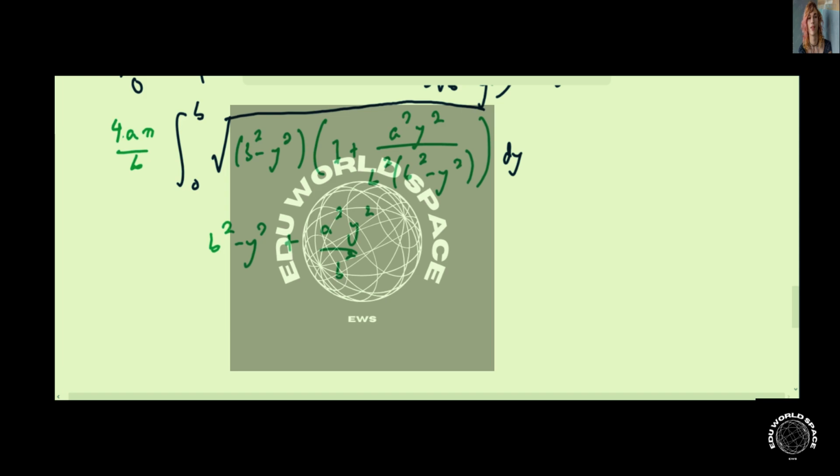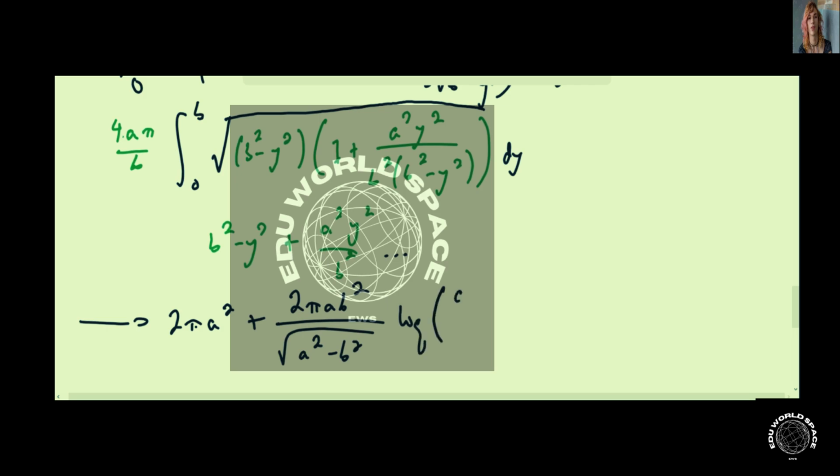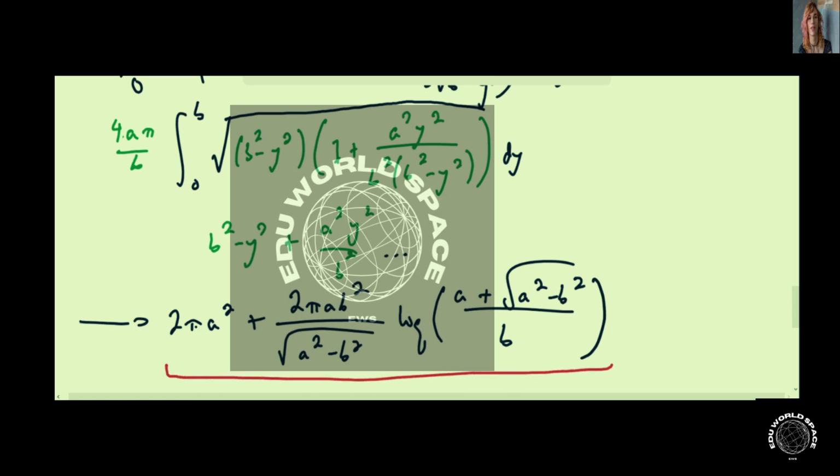After all the simplification in trig sub, or if you use a calculator, which I did, you're going to get that this is equal to 2 pi a squared plus 2 pi ab squared root over the root of a squared minus b squared times the natural log of a plus root a squared minus b squared over b. And that's the answer for this part here. That's how you do this question.